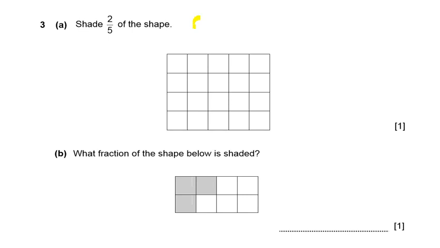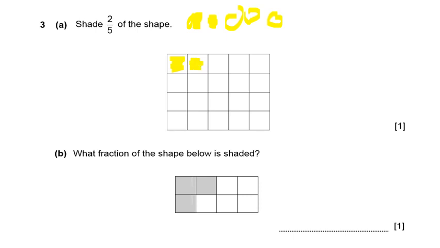Okay, so here we have a question on fractions, and we have to shade 2/5. 2/5 means 2 out of 5. So if I have 1, 2, 3, 4, 5, I shade 2. So 2 out of 5.